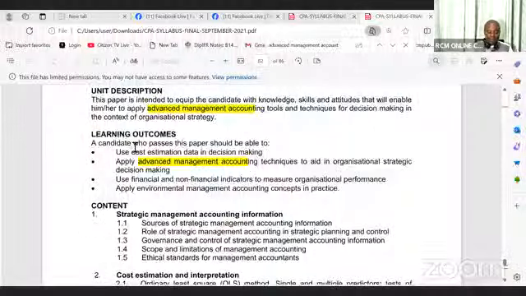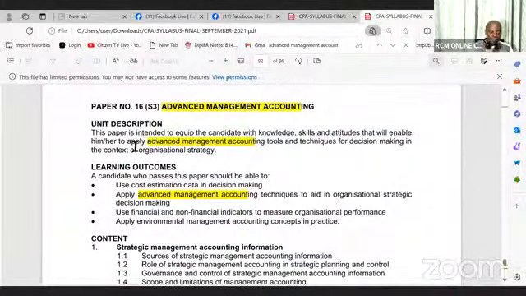So management accounting. So we are told here, I'm repeating again, that this paper is intended to equip the candidate with knowledge, skills, and attitudes that will enable him or her to apply advanced management accounting tools and techniques for decision-making in the context of organizational strategy. Learning outcomes.